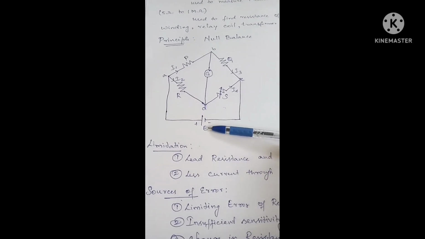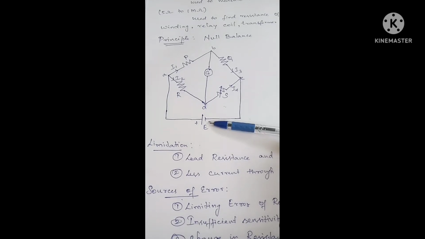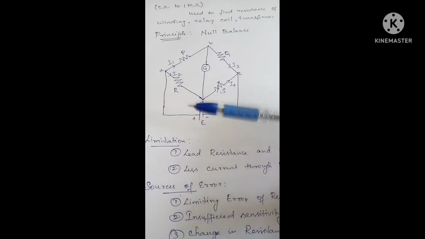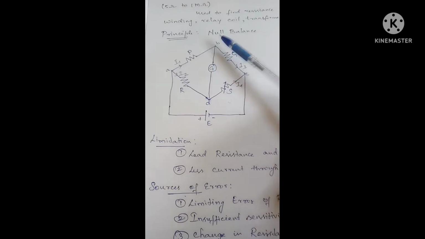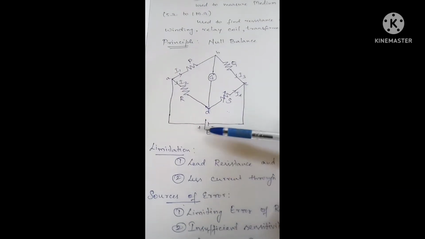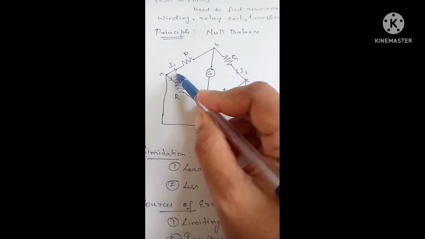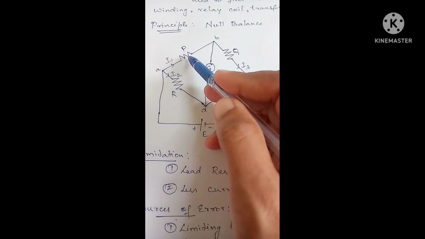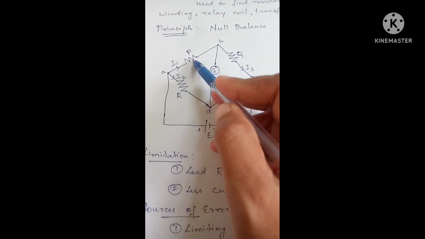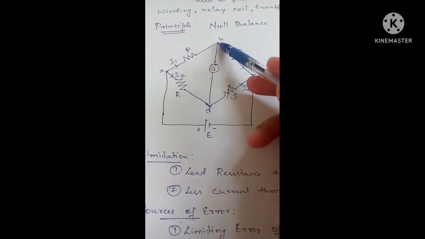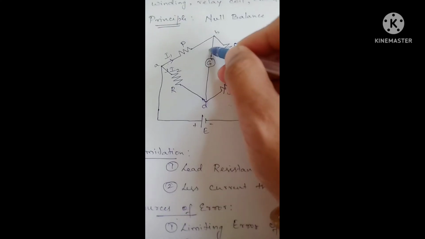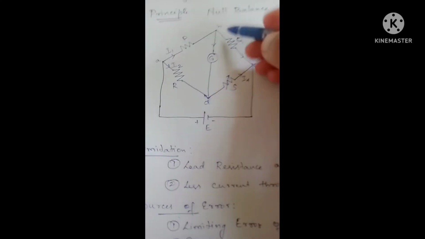When we connect the voltage source with this bridge arrangement, current flows through the bridge circuit. Initially, when voltage E is applied to the Wheatstone bridge circuit, the current I1 flows through the ratio arm P, and this current branches out into the galvanometer as well as the Q branch.